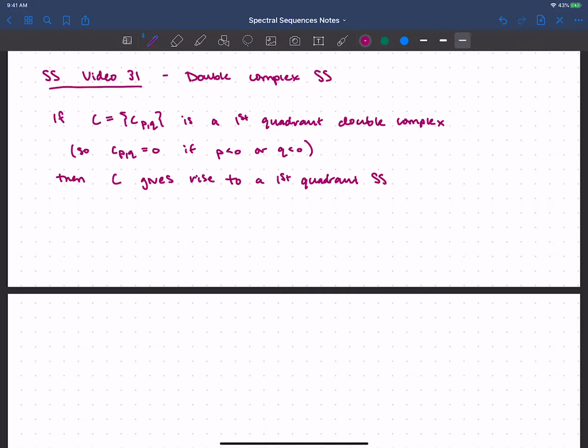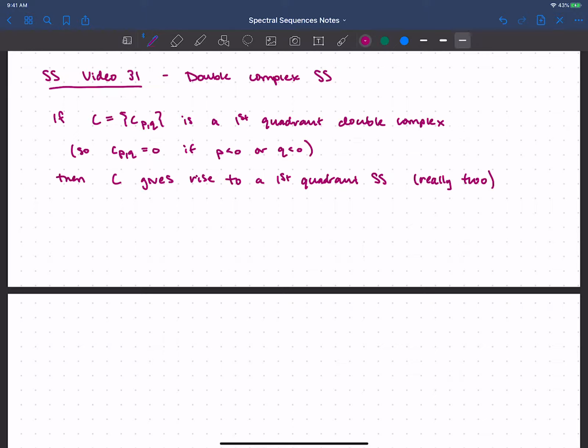What's neat here is that we, in a clear way, actually get two spectral sequences.